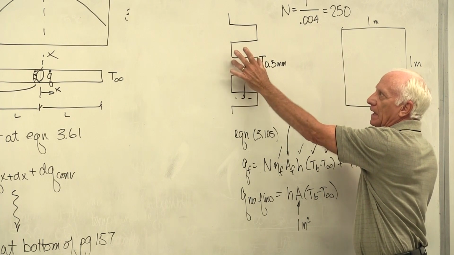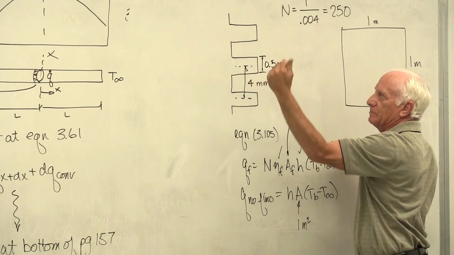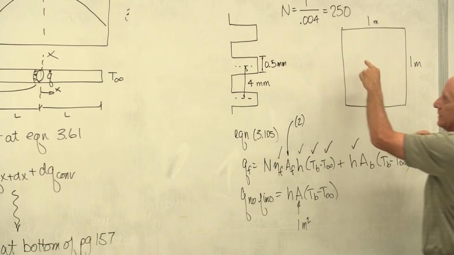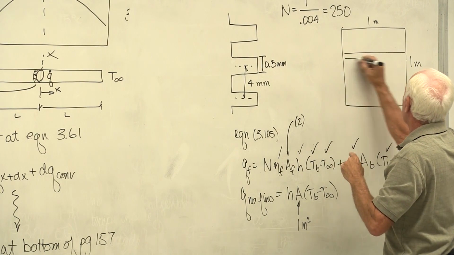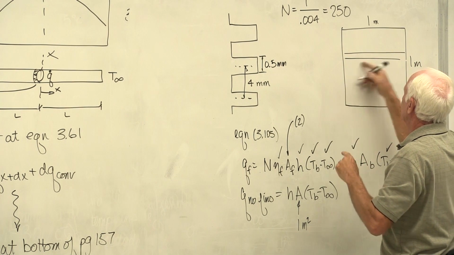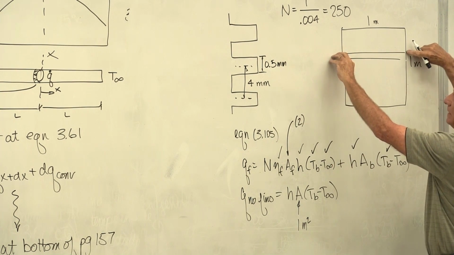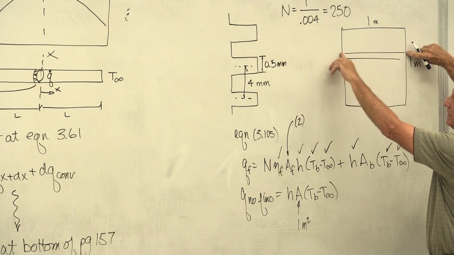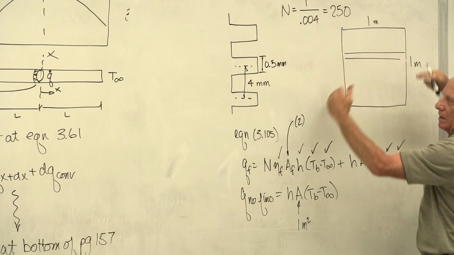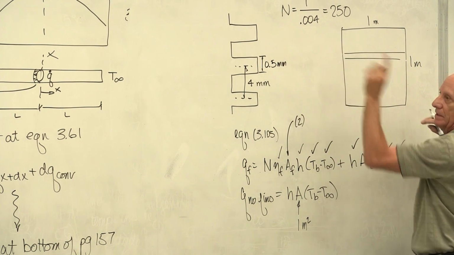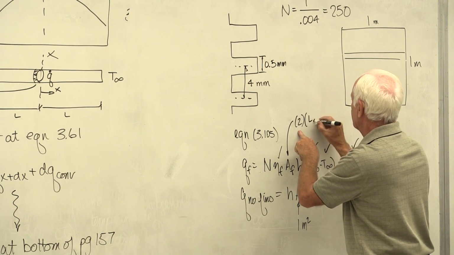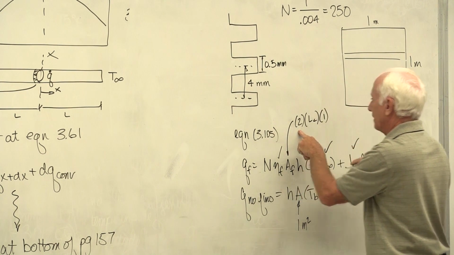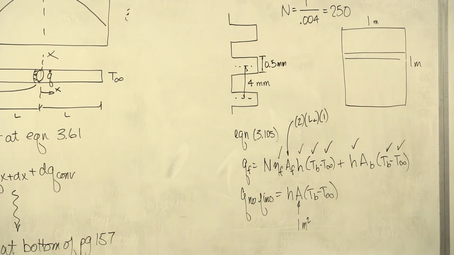Here's the fin, 1 meter here. Here's the top of the fin. What's this distance? 1 meter. How far out of the board? L sub C, not L. So 2 times L sub C times 1. That's the area for one fin.